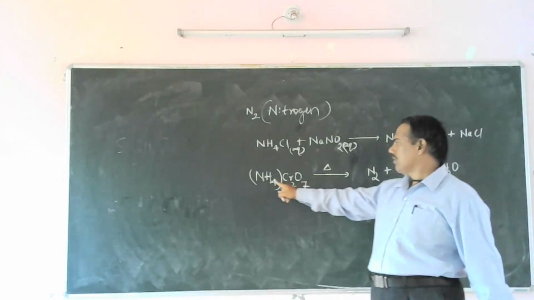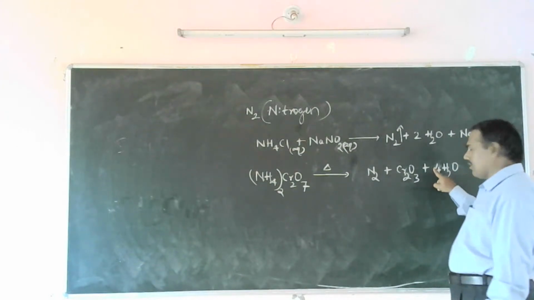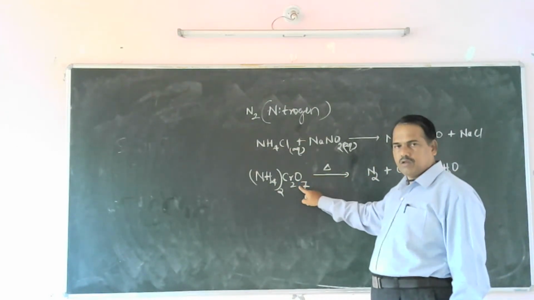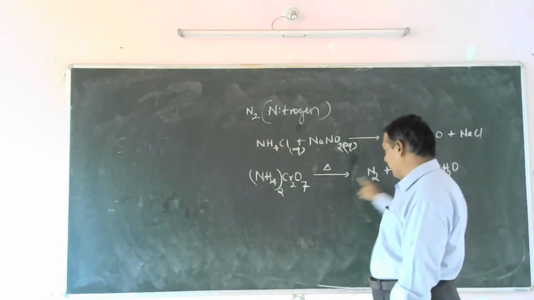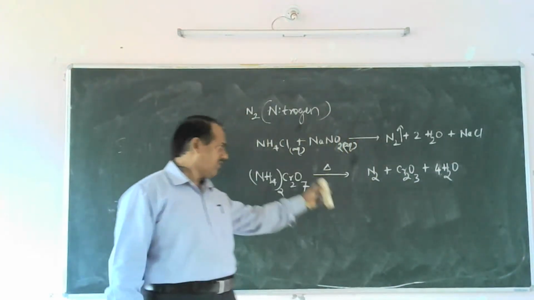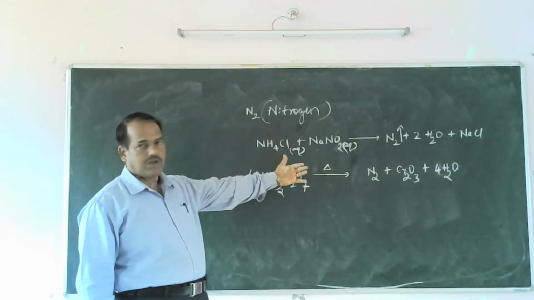Just to balance it: 8 hydrogen atoms on both sides, and oxygen totally 7. By writing the equation and checking the atoms on both sides, you can easily balance it. So we will get nitrogen gas.